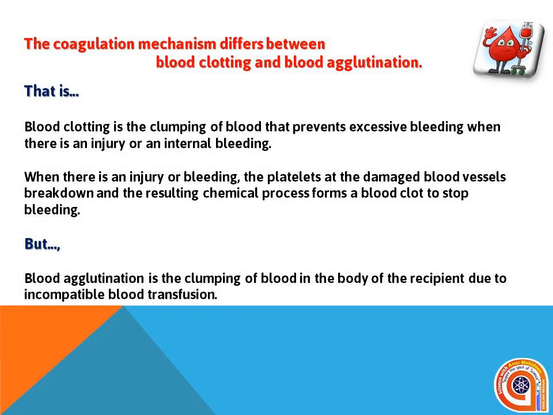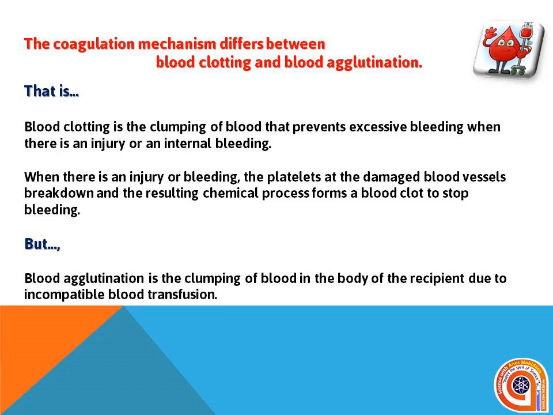The coagulation mechanism differs between blood clotting and blood agglutination. Blood clotting is the ordinary clumping of blood to prevent excessive bleeding when there is an injury or internal bleeding. When there is an injury or bleeding, the platelets at the damaged blood vessels break down, and they set off a chemical process forming a blood clot to stop bleeding.